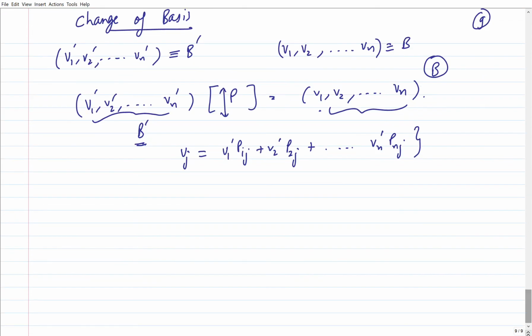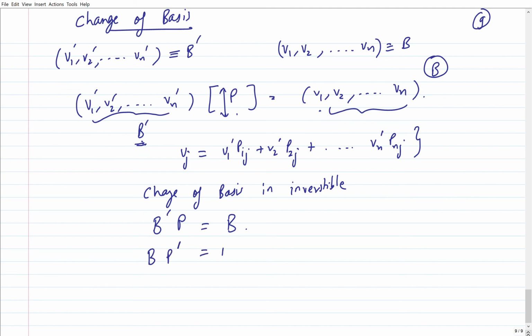And well, the change of basis is invertible. How do I see that? I can do exactly the same thing. So I had B prime P equals B. I can have B times some matrix P prime equals B prime.